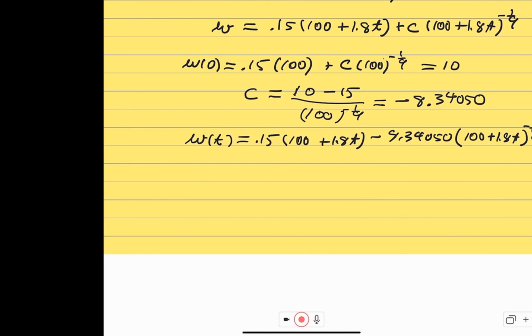So that's just asking for W of 500, and that turns out to be, if you just plug it in there, 14.129. Okay, and that is enough, and probably more than enough.